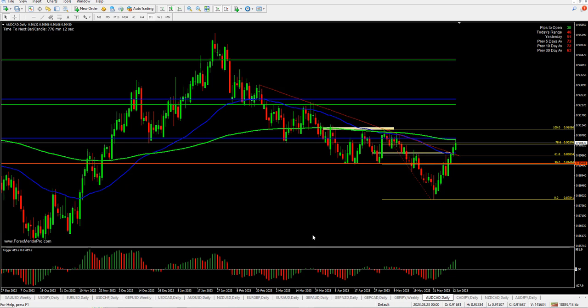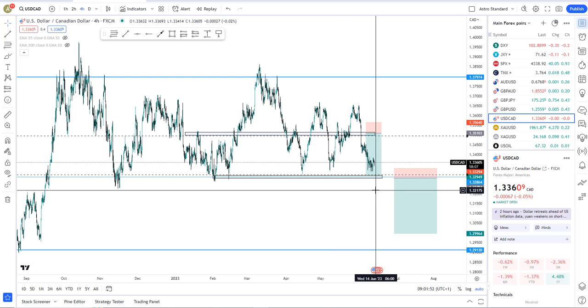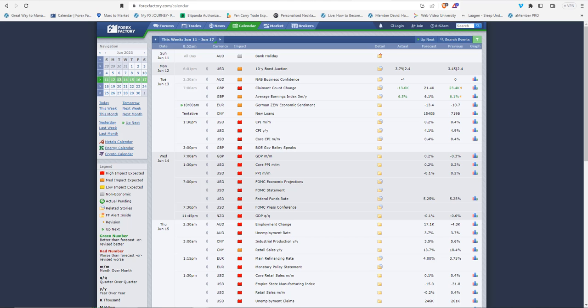It's expected to come out lower because that's what we have been getting in the past, the CPI readings, and also for Wednesday tomorrow, they are not looking to raise the rates. That's what's been in the forecast, to keep it the same.